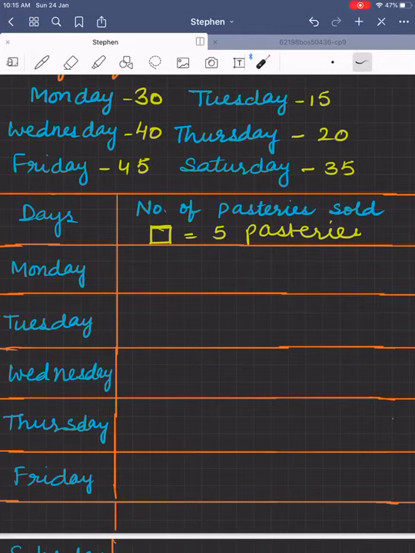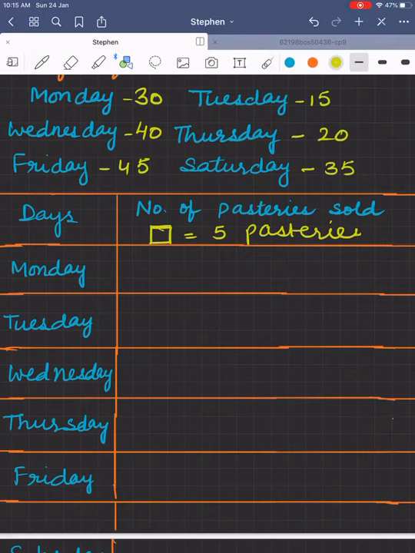And we observe that all the numbers are multiples of 5. So we take 1 square is equal to 5 pastries. Now we draw appropriate number of pictures. On Monday, 30 pastries are sold, so 6 squares represent 30 pastries as 6 fives are 30.